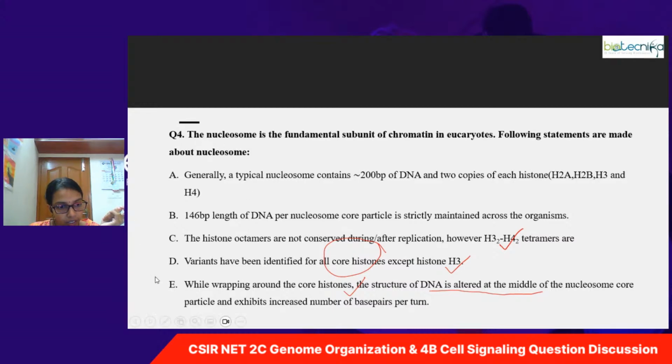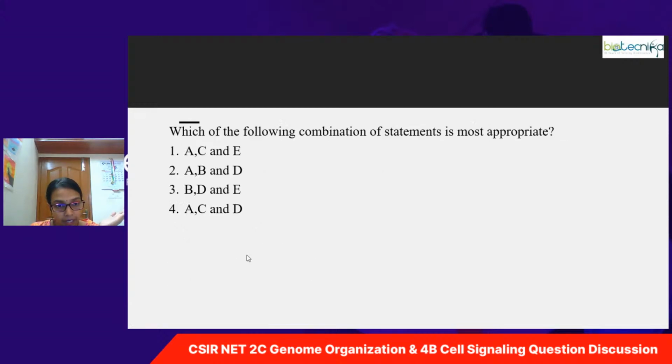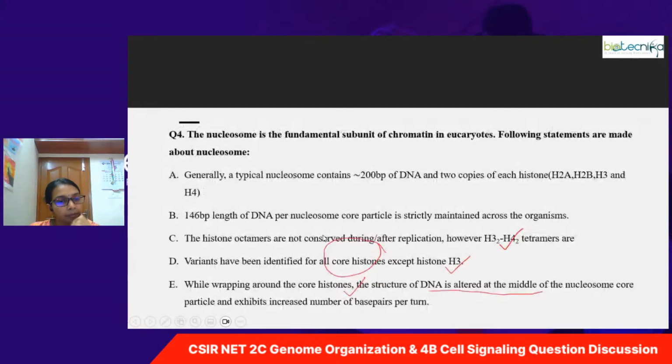Just find out the statements which you feel correct. You can go for that. I can see two answers coming as two. That is A, B, and D. So two different types of answers. One I got ACE and one is ABD.